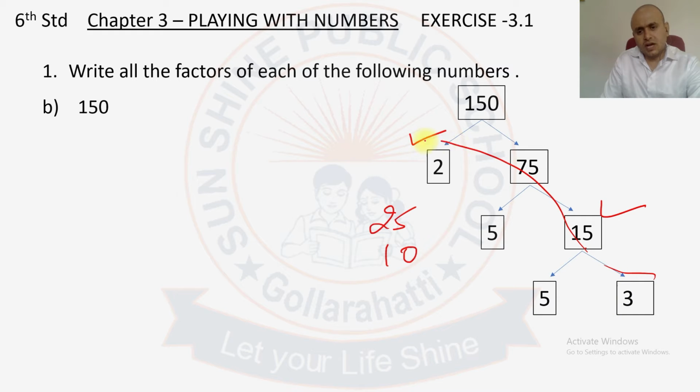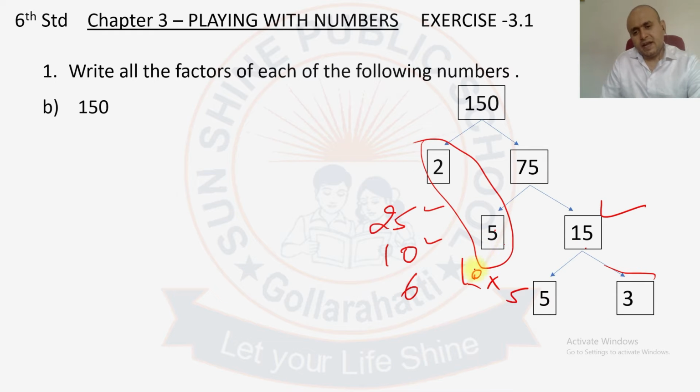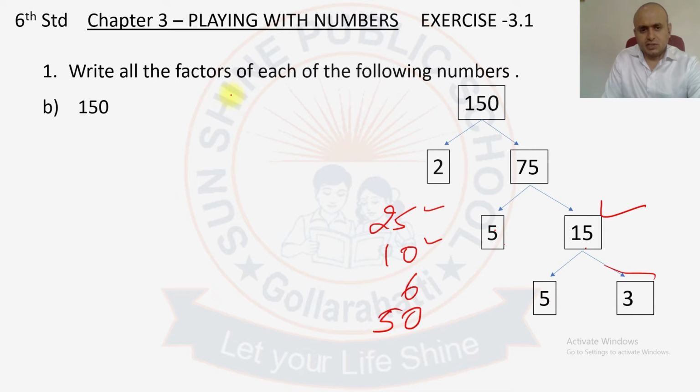Next 3 2s are 6, 6 is also a factor. 5 2s are 10, 10 into 5, 5 10s are 50, and 50 is also a factor. See, if we multiply these numbers 2, 5, 5 and 3 in different ways, we get the factors. 2 5s are 10, okay.